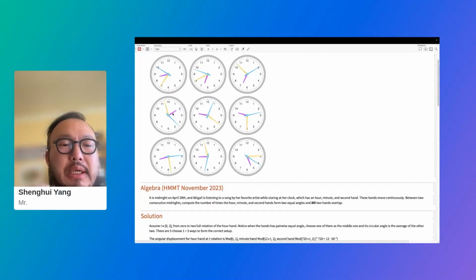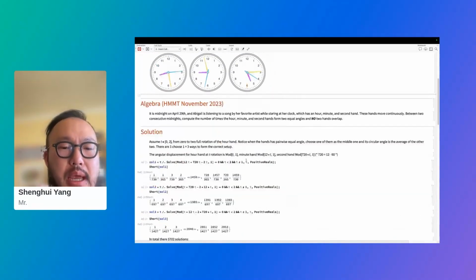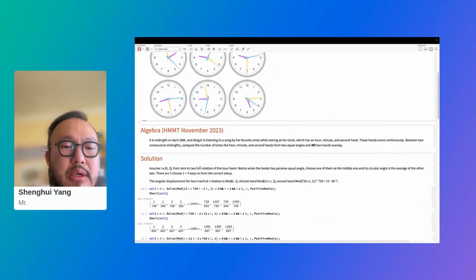What makes the setup slightly easier than 6 different cases is you only need to choose which one is in the middle. If we fix which hand is the angular bisector, we don't need to worry about the order of the other 2 hands, because they are going to be handled in our algebraic equation.